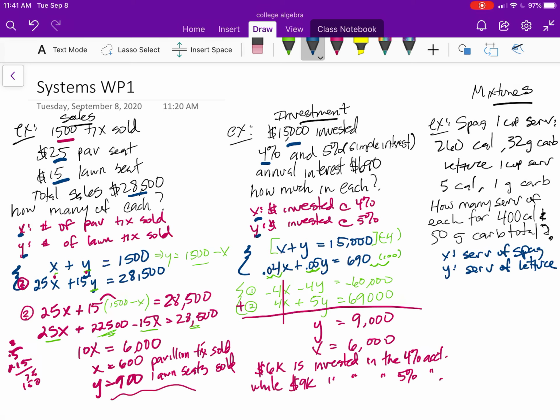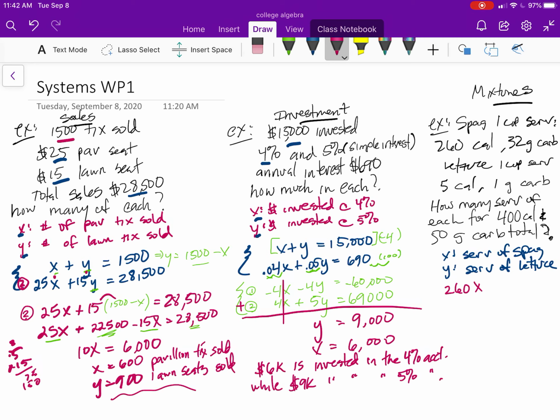Okay. X is the number of servings of spaghetti. Y is the servings of lettuce. I want to get 400 calories. Well, I don't know how many servings of spaghetti, and I don't know how many servings of lettuce, but there are 260 calories in each serving of spaghetti.